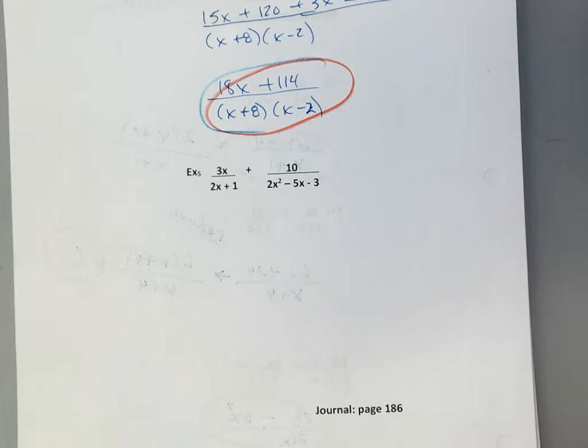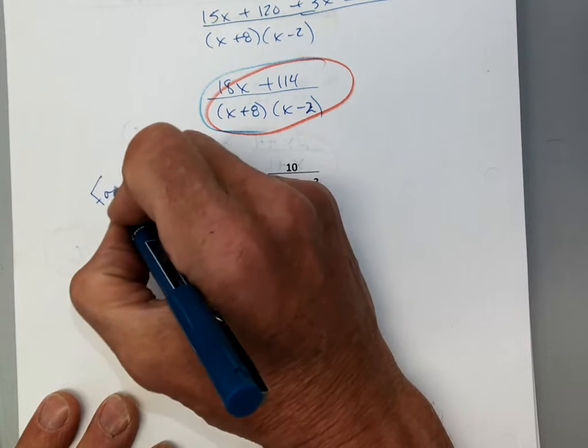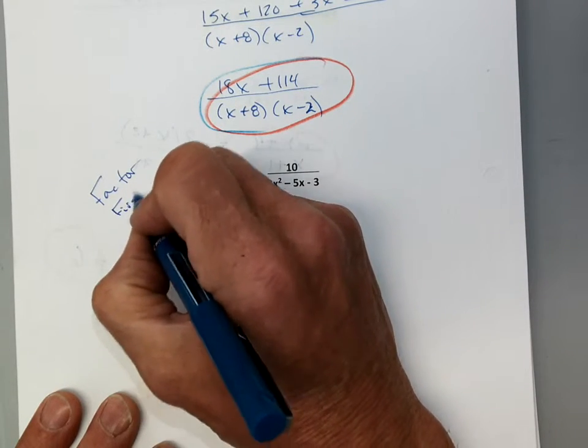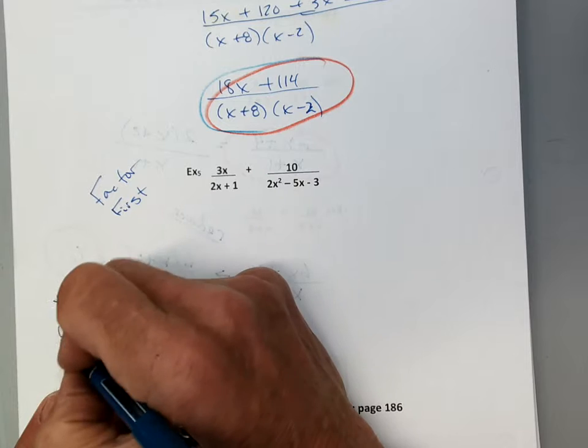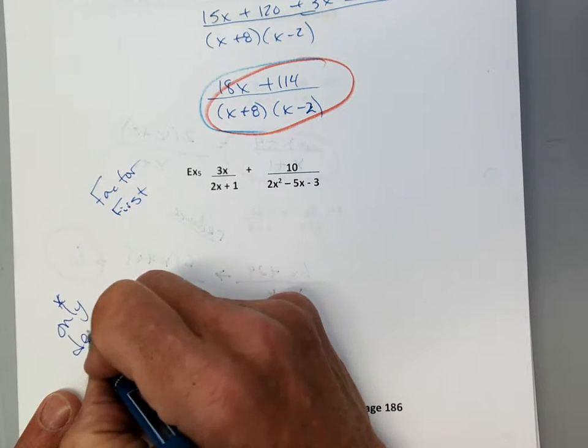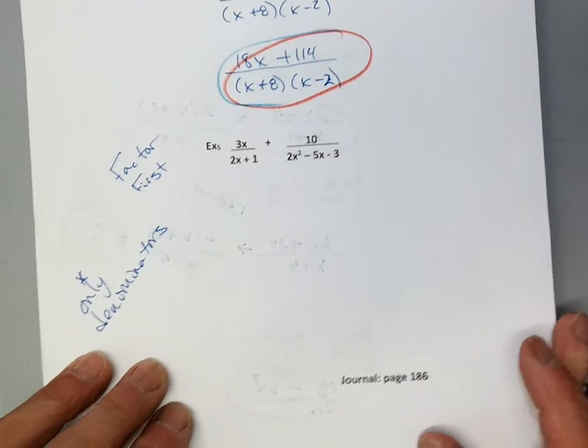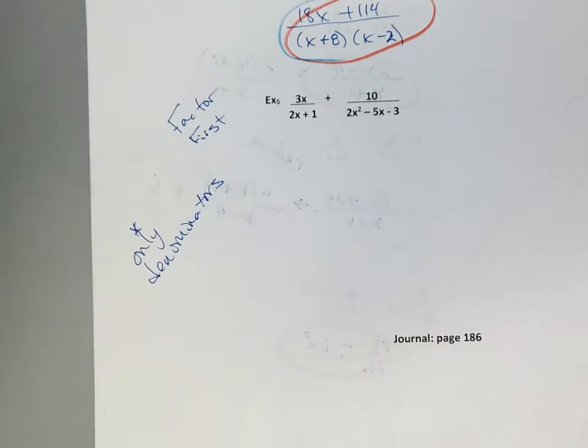So in example 5, if I factor first, it's going to help. So I'm going to factor first. Only the denominators.